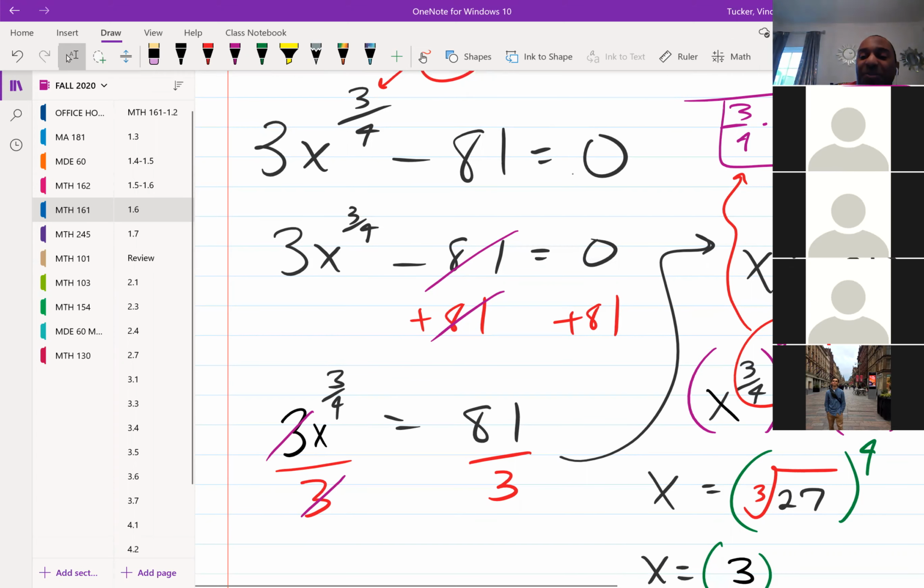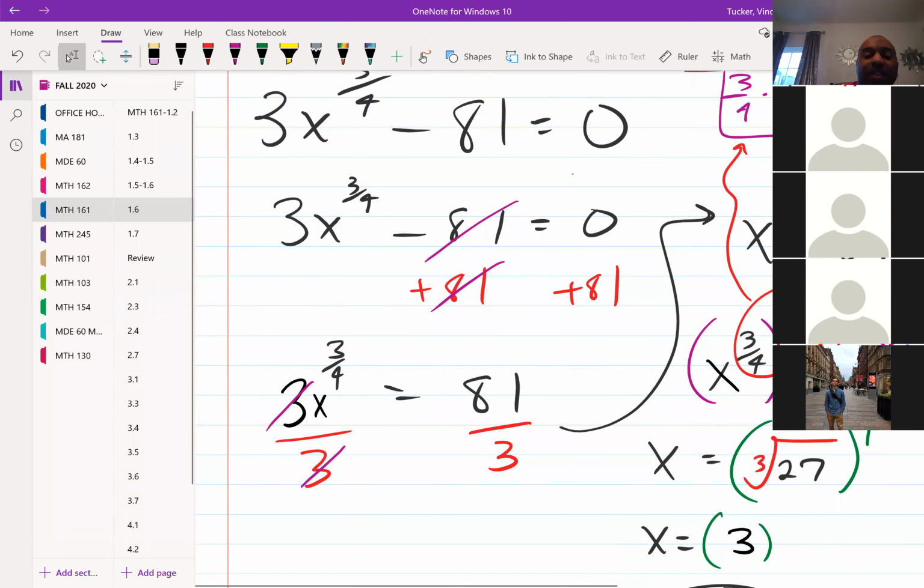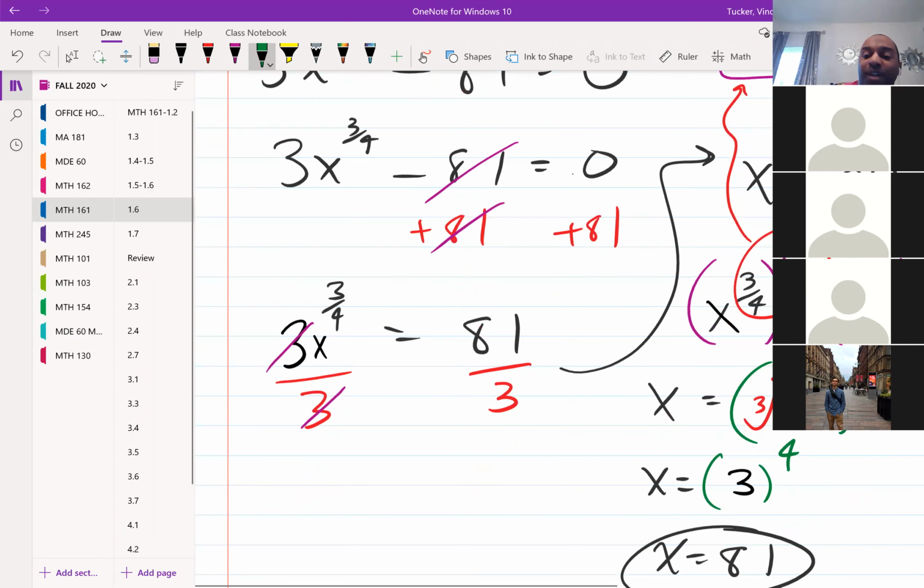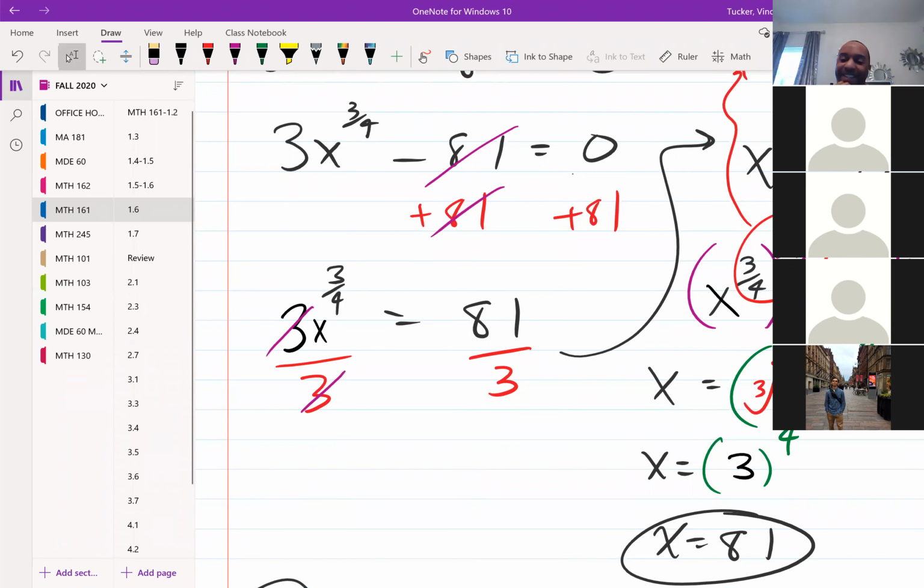All right, so the cube root of 27 is 3, and then 3 to the 4th power will give us 81. And that'll be our result.